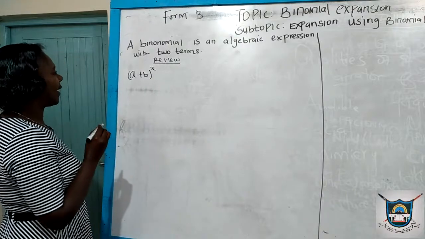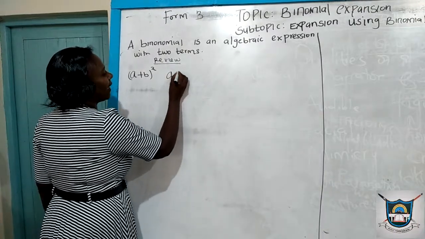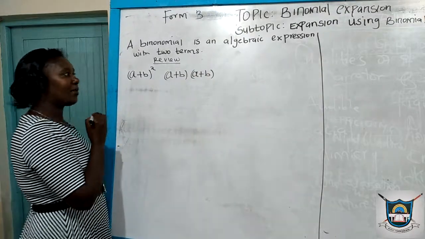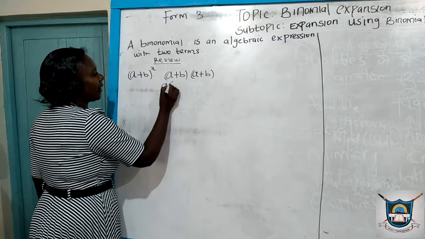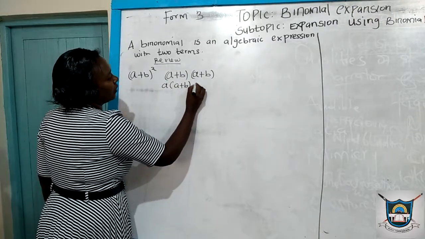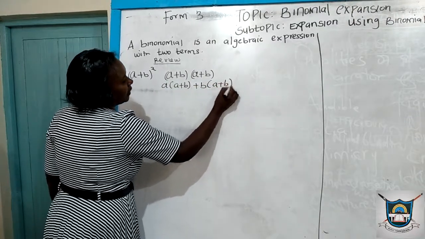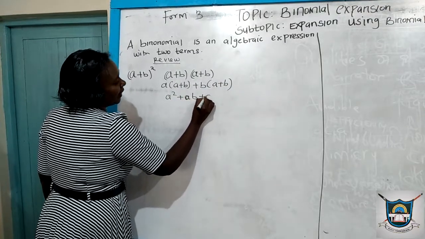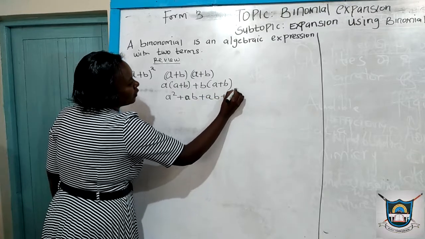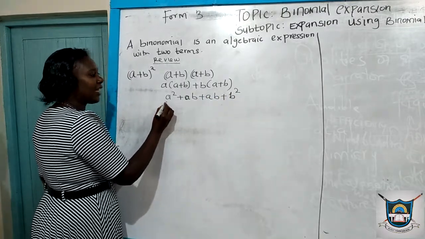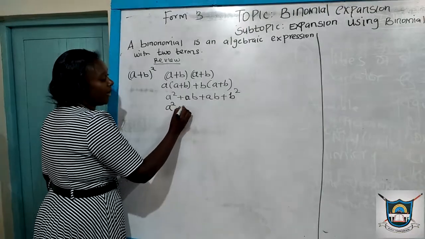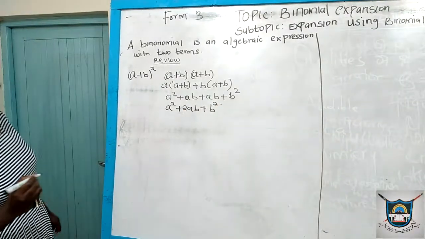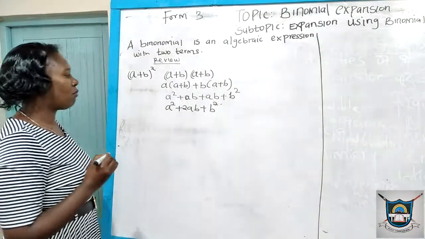When we say (a + b) squared, it means (a + b) multiplied by (a + b). Then you expand that, where you pick one and expand: a squared plus ab plus ab plus b squared. If we add them together, putting the like terms together, we'll have a squared plus 2ab plus b squared. We did that in Form 2.